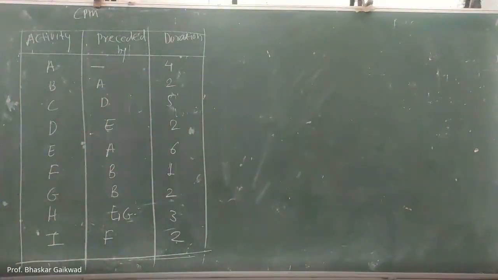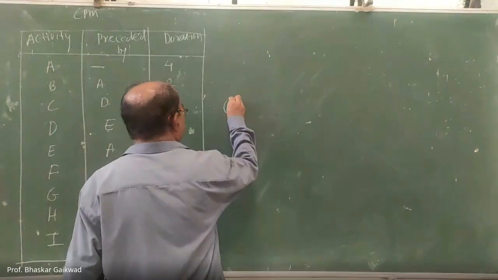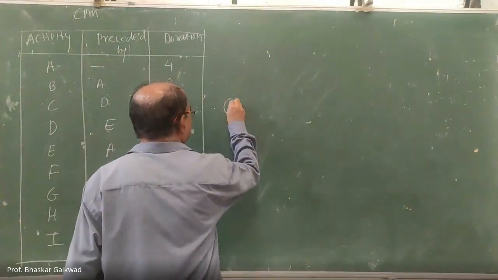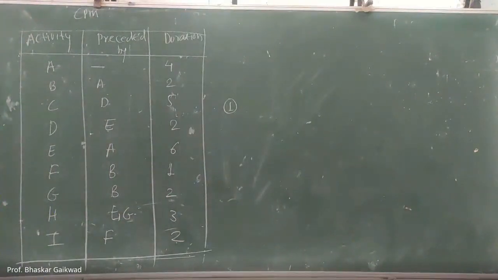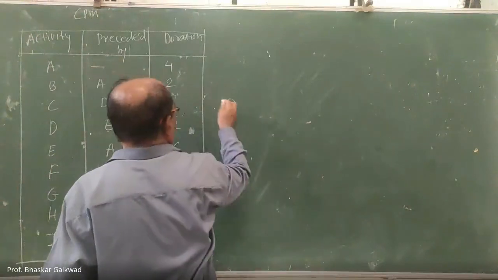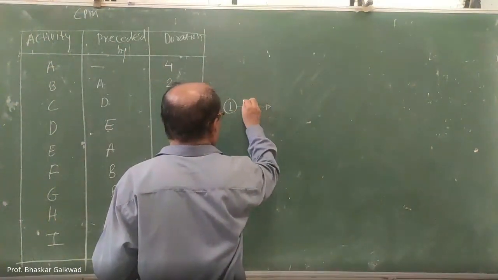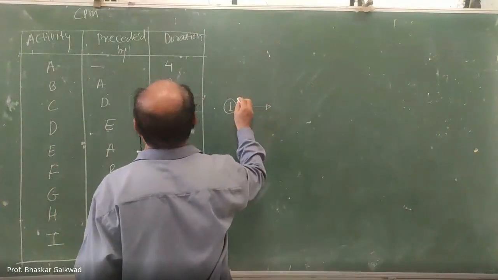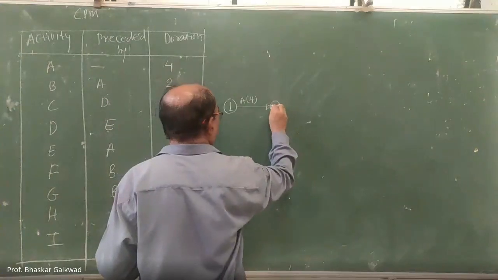So let us start from the first node. This is your first node, 1. What is the first activity? A. A will start, meaning there is no specific predecessor, so A will start from here. What is the duration of A? 4. And here node number 2.